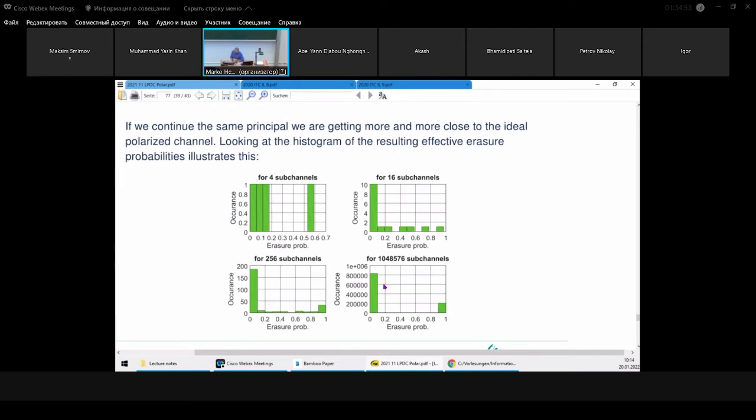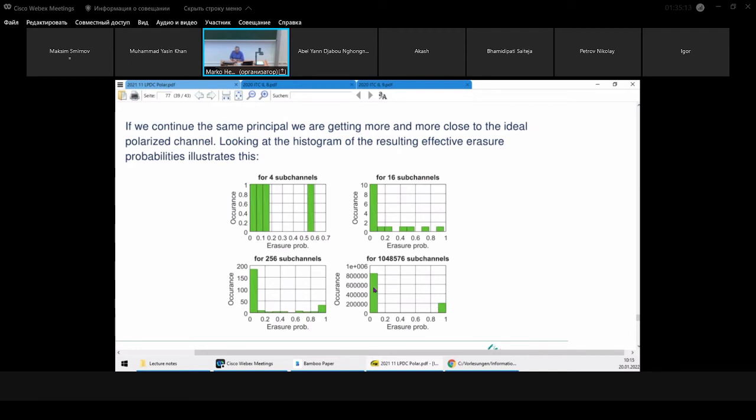Actually, I did this on purpose, so extreme. Then you see the polarization is almost perfect, so nothing in between. You will end up with, in this case, 200,000 completely useless channels, or 800,000 almost perfect channels.